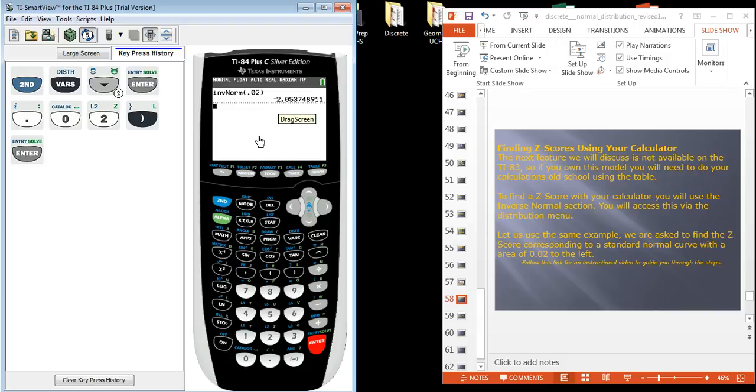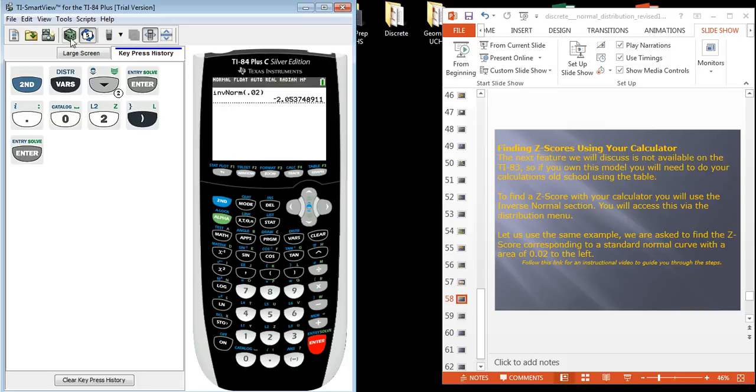Now, if you have an older calculator like this, the calculator is asking for the area under the curve, and then it's asking for mu and sigma. We're going to get the same answer. Of course we're talking about the standard normal curve, so mu is going to be 0 and sigma is going to be 1.